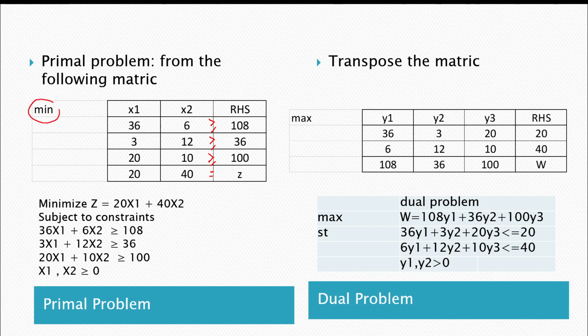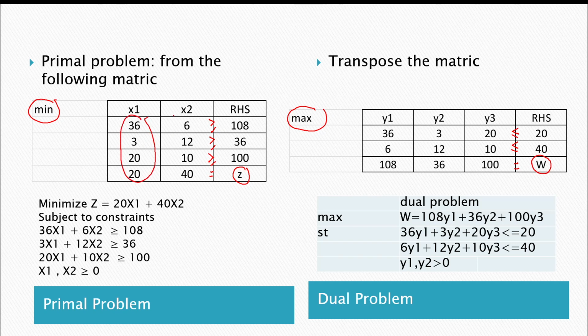Minimize will become maximize, and greater than or equal will become less than or equal. Initially z, after you transpose it, becomes a new variable w. How do you transpose it? Take the first column, 36, 3, 20, 20, and it becomes the first row.